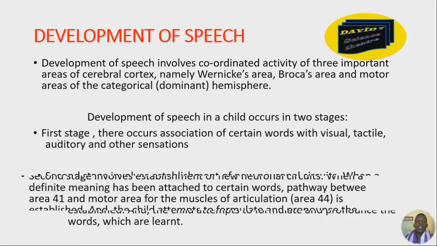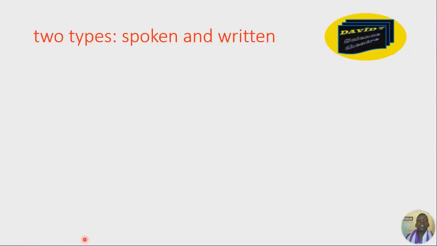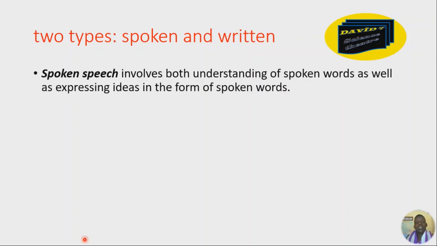They are very important. Now, let's talk about the types. We have spoken and written speech. Spoken speech involves understanding of spoken words as well as expressing ideas in the form of spoken words.